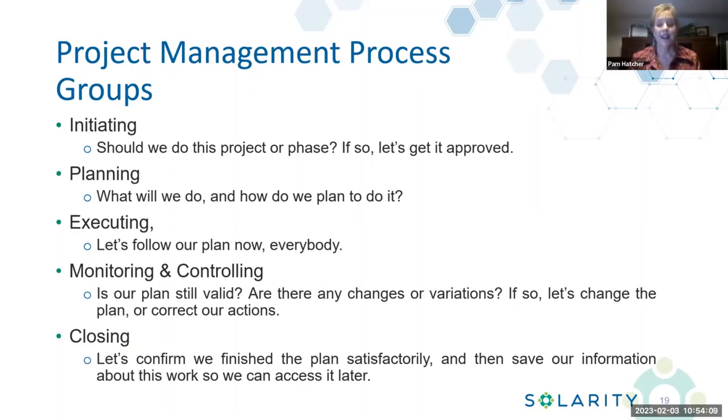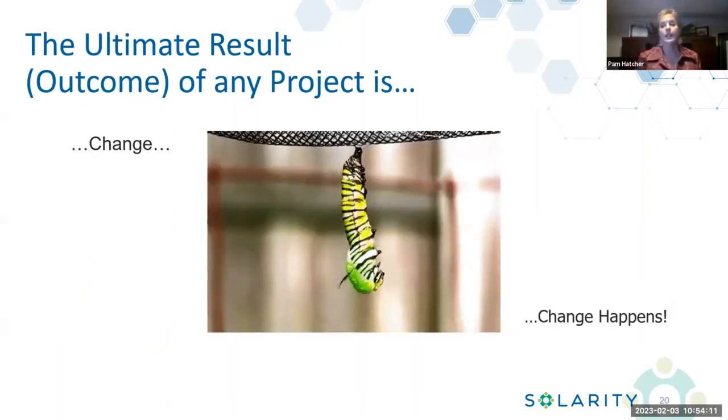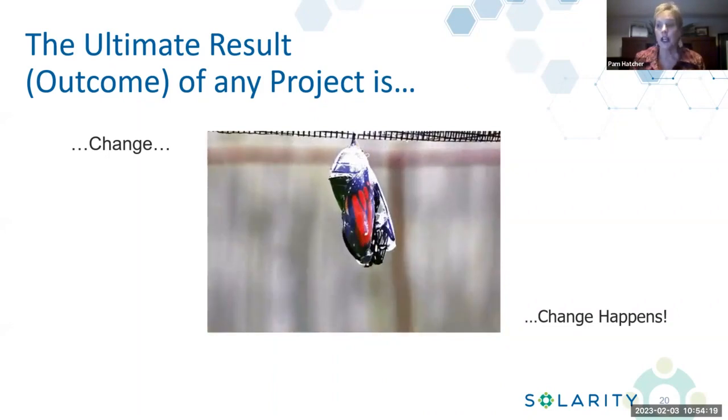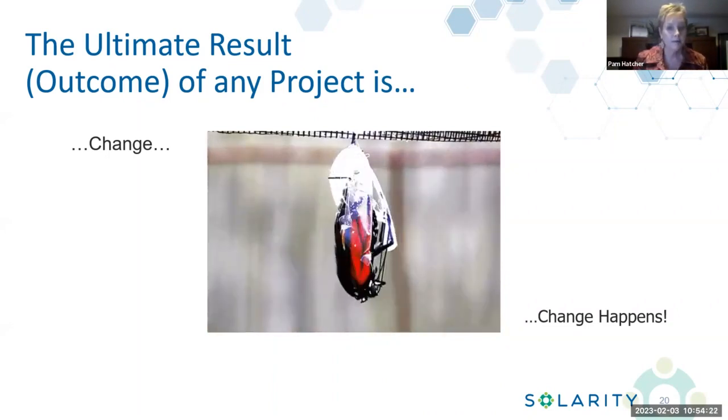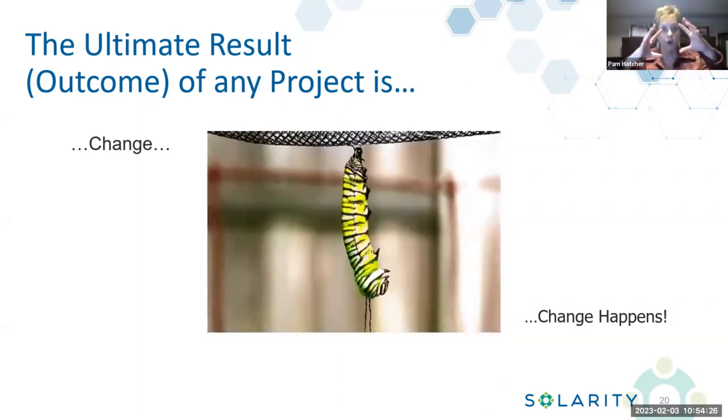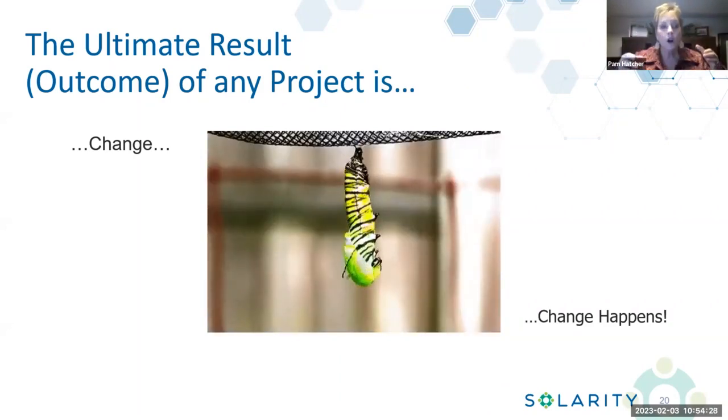And within every project, or why projects even exist, is because of change, right? So the ultimate result of any project is change, because change does happen. So make sure that you understand, in this framework, your role in how that change affects people.